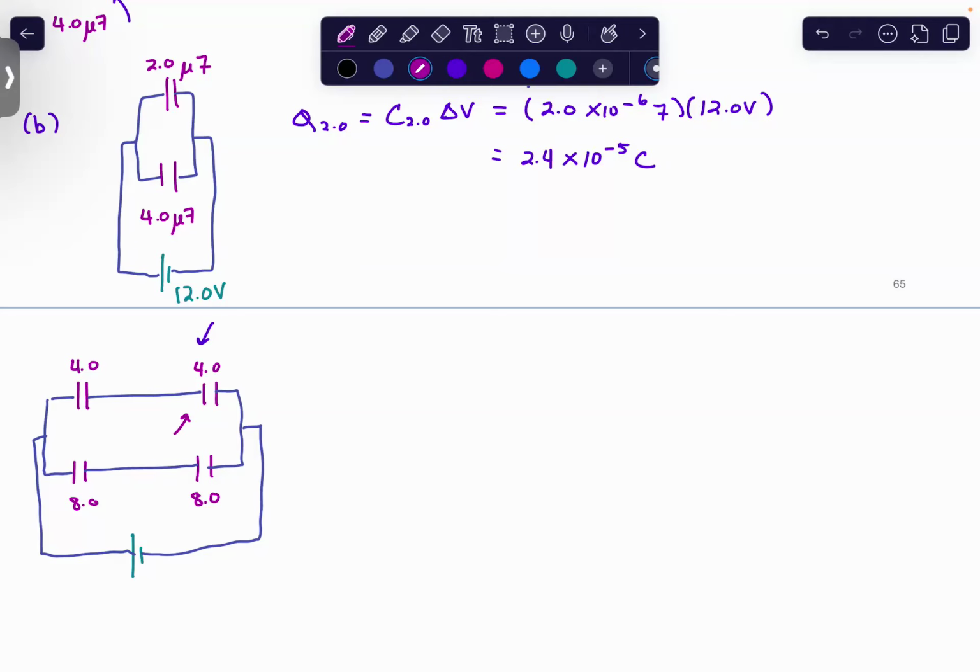Two capacitors that are in parallel. What can I use that will allow me to calculate both of those? Voltage, delta V. I want the delta V of that 4.0, so when I space it apart and they become parallel again, they both have the same delta V. So that's the way I space it back out. I go from same delta V to same Q to same delta V to same Q, and so on and so forth.